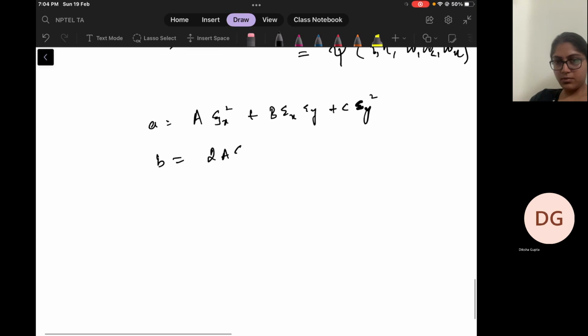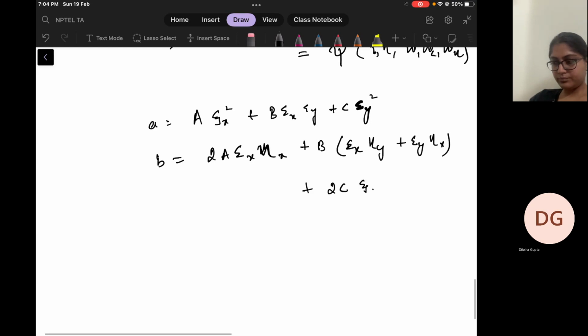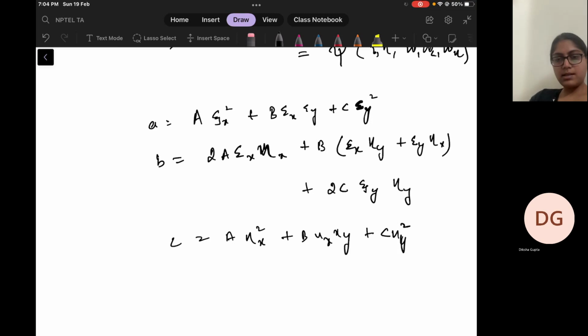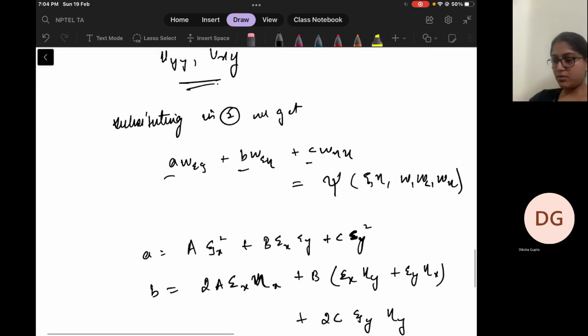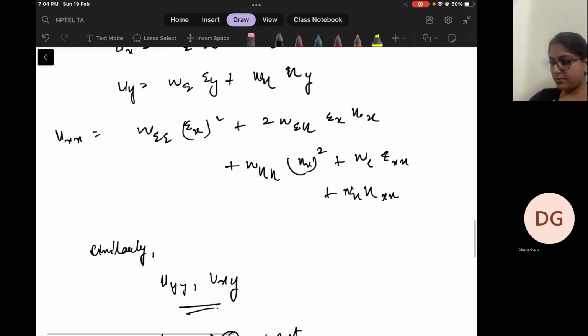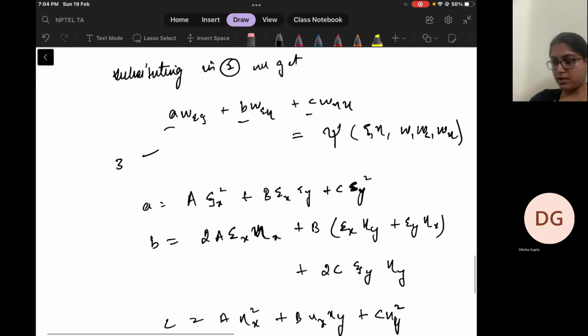You can easily put these values in and calculate them, and likewise C. Now see that at this stage, we can call this equation 3.